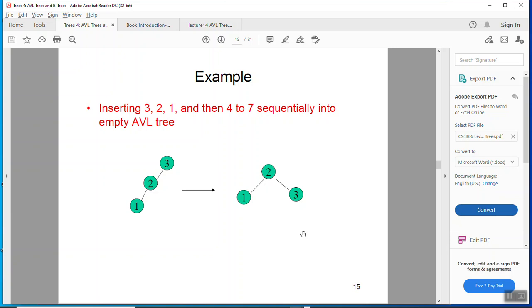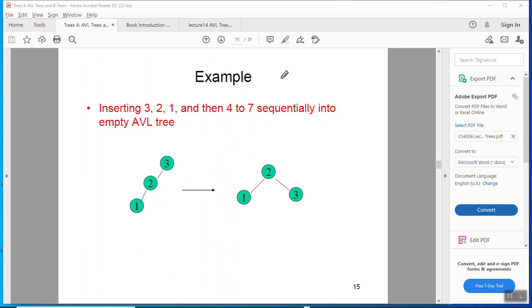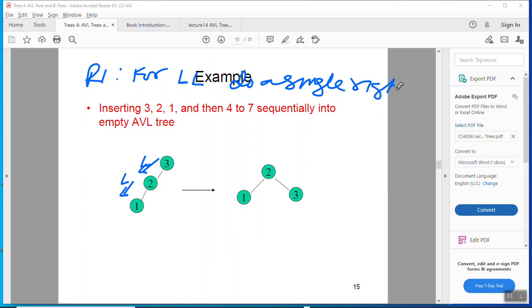So for this one, this one is left, right? So according to rule 1, what did we do? For left, do a single right rotation.